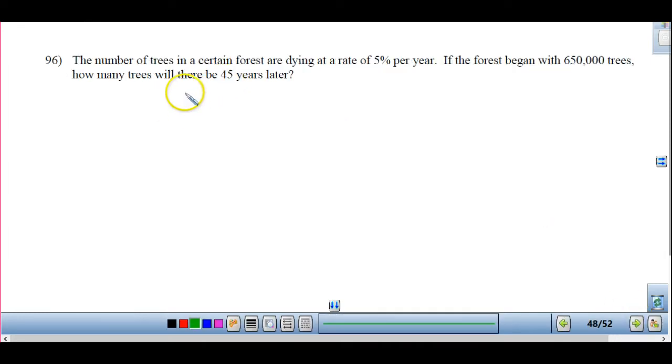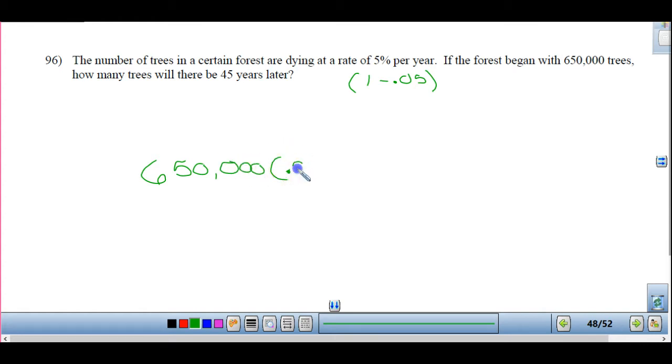All right, so now the number of trees in a certain rainforest are dying at a rate of 5% each year. So that's 0.05, and if they're dying, they're going down. So we're going 1 minus 0.05. We're starting with 650,000 trees.